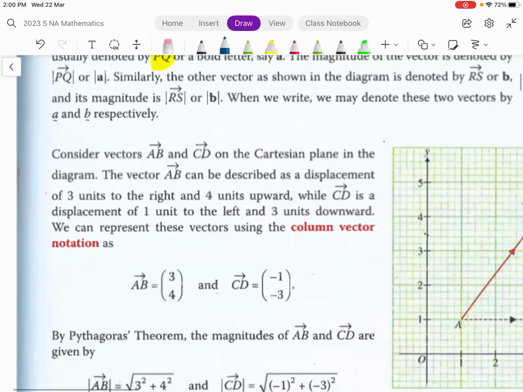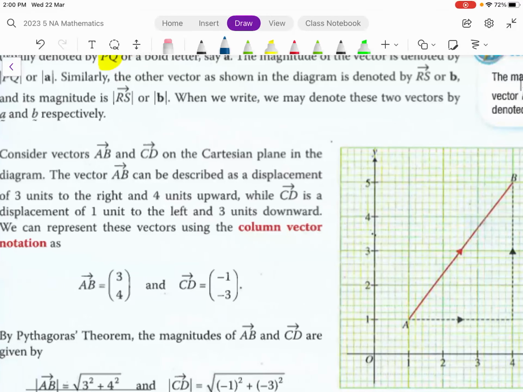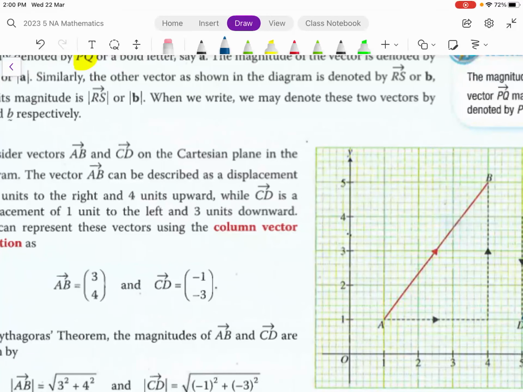And we see 2 numbers. The first number is 3. What do you think this number on top represents based on the example given? Yes, this 3 represents the number of units to the right. So if I'm going to the right, I expect a positive number. Make sense?